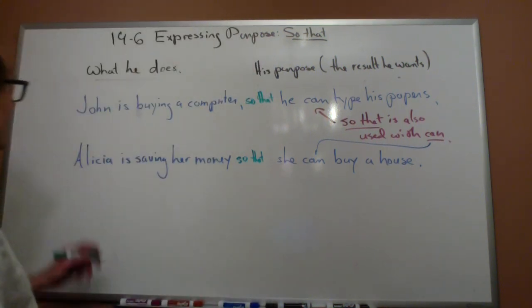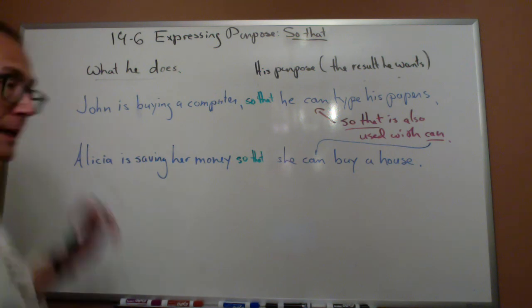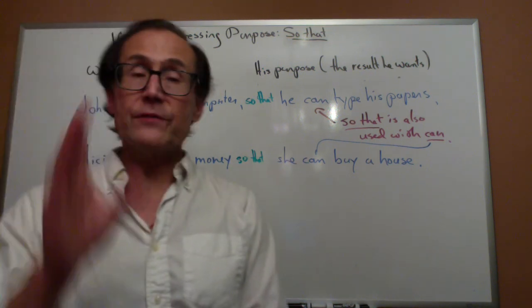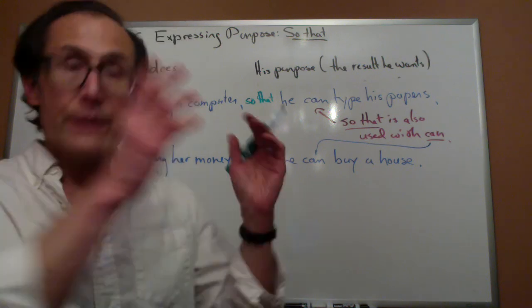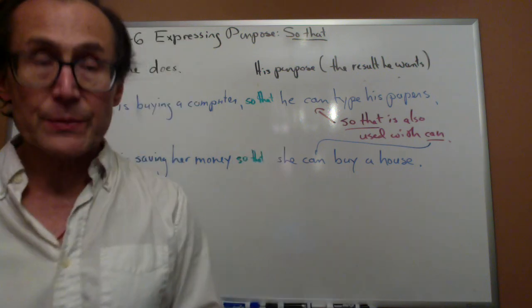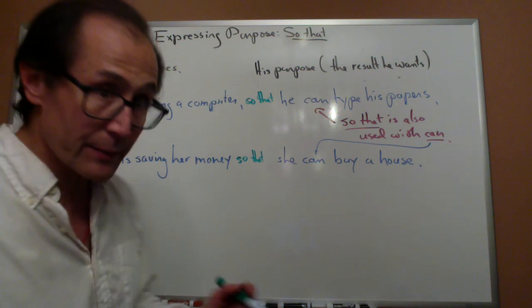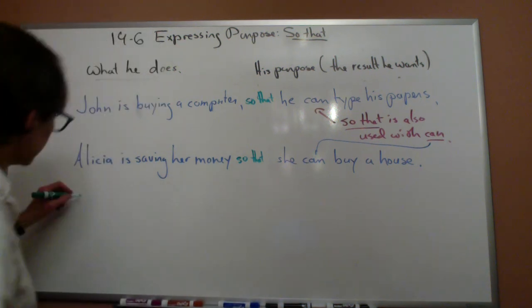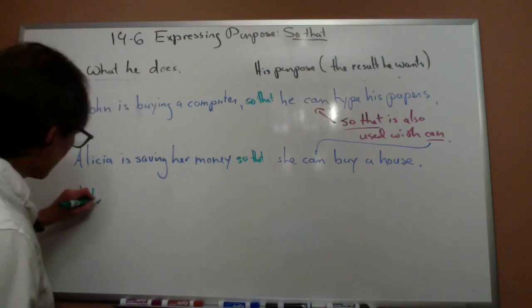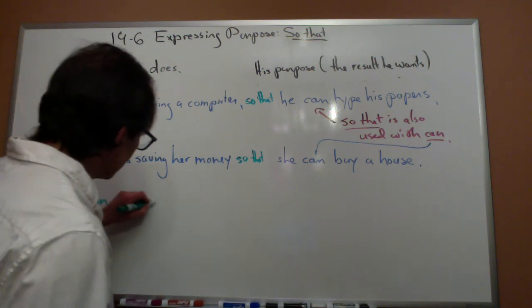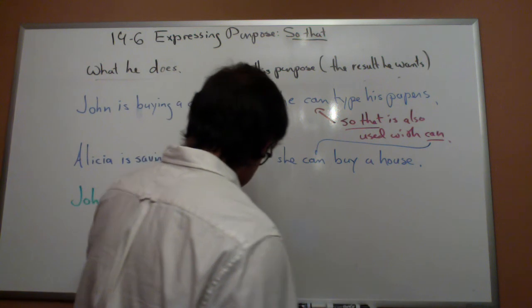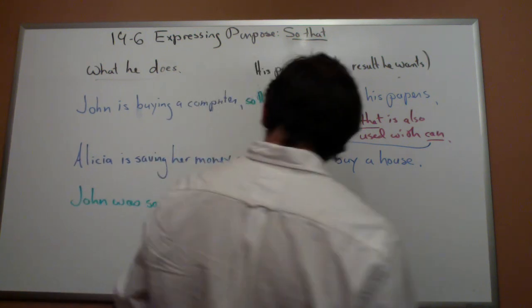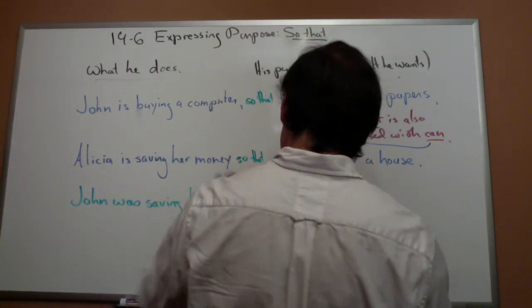So, let's say that John saved his money 5 years ago. This is in the past because he wanted to type his papers. He wanted the ability to type his papers. So I could say John was saving his money, and then let me put so that in a different color.